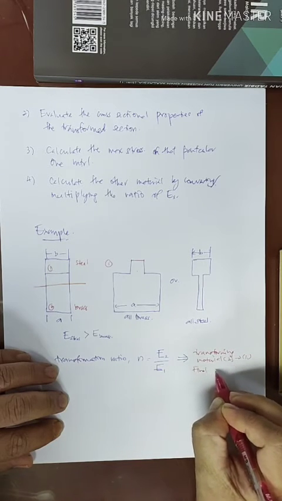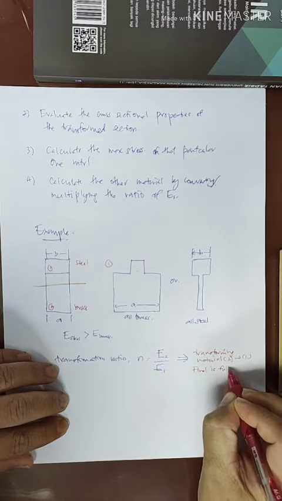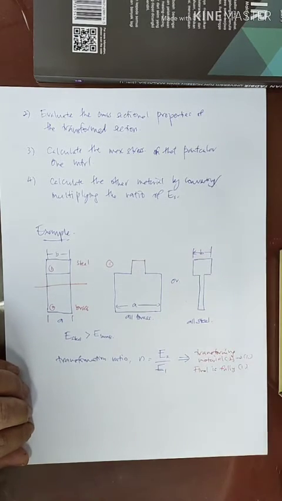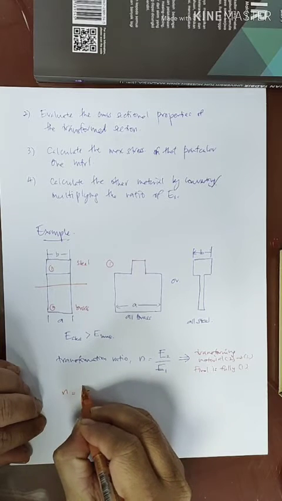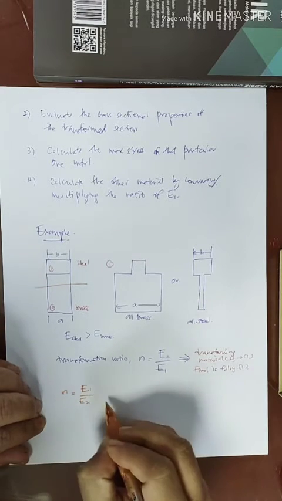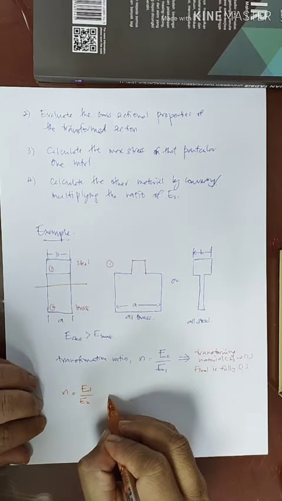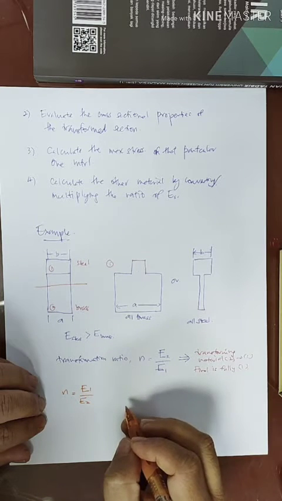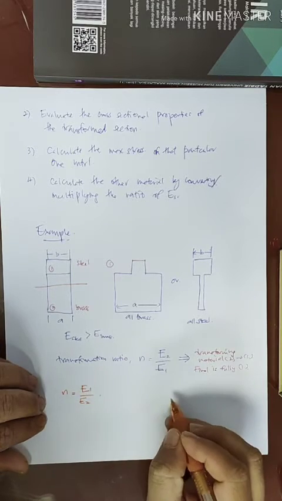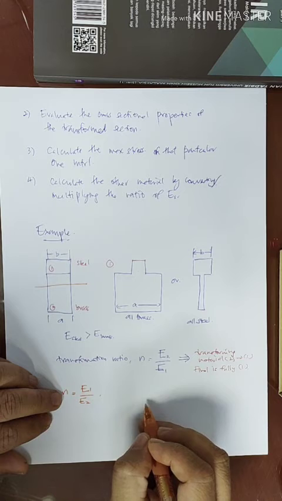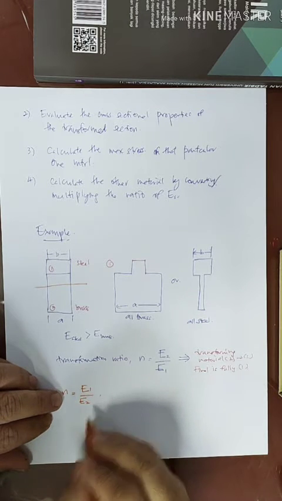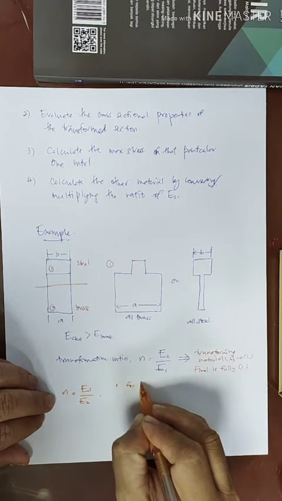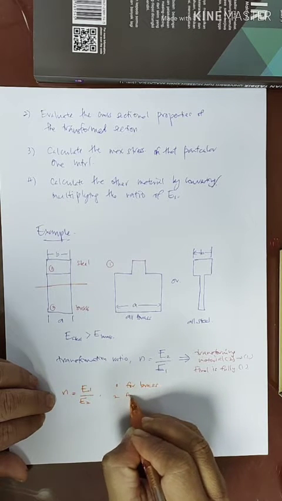So the final section is fully 1. In contrast, if you are using E1 over E2, let's say 1 is brass, 2 is steel.